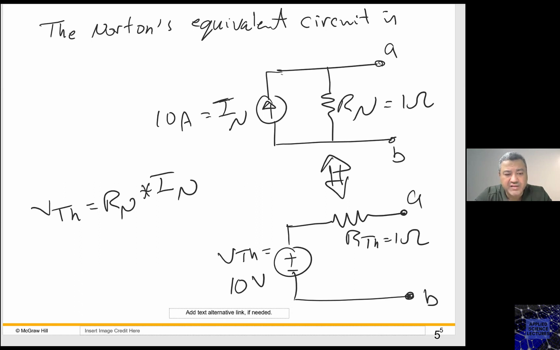Absolutely, yeah. That's the whole point. This is the whole point of those Thevenin's equivalent circuits. As long as you're dealing with linear circuits, then yes, you can replace complex circuits with a very simple circuit that represents that complex circuit.